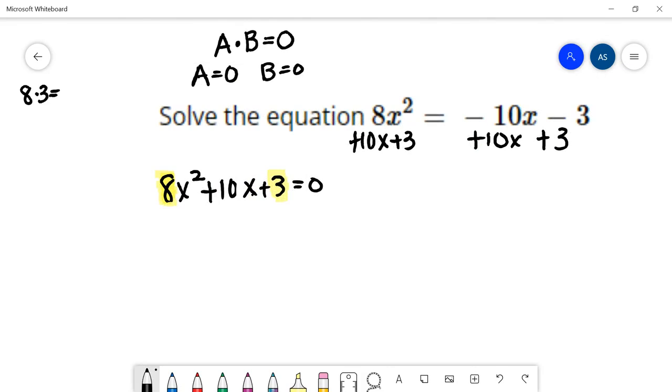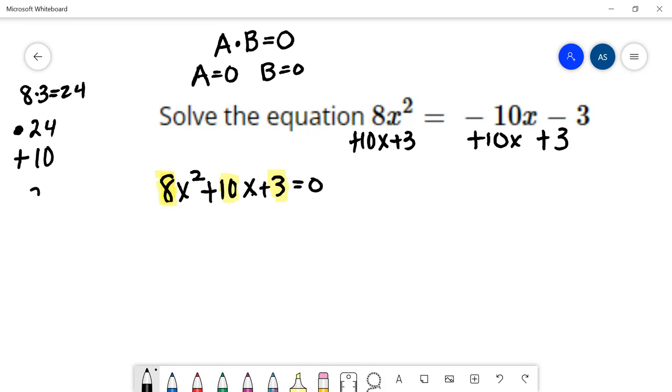8 times 3 is 24. And what we want to do is look for two numbers that multiply to be 24 and that add to be the middle coefficient, which is 10.